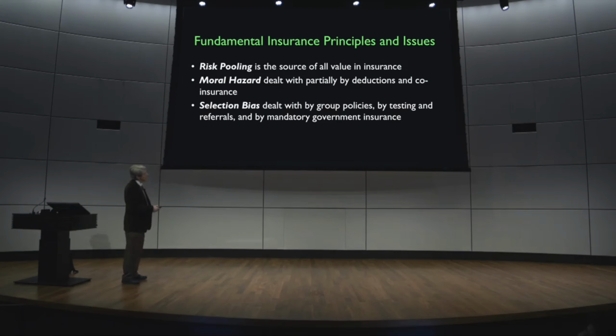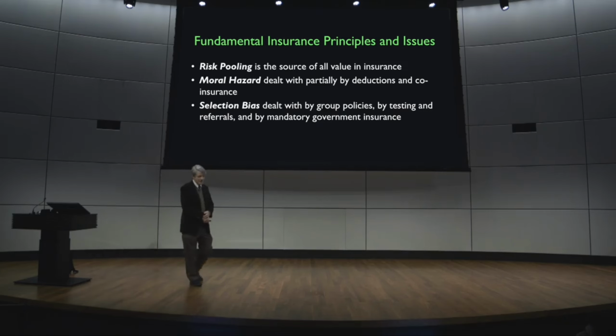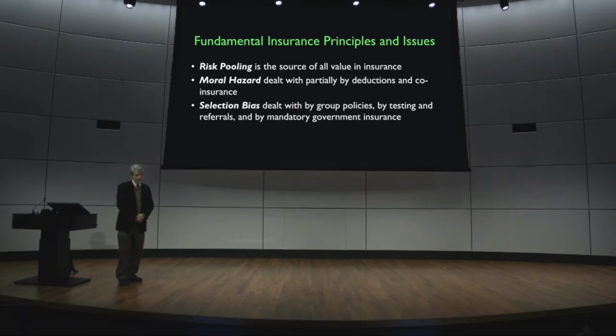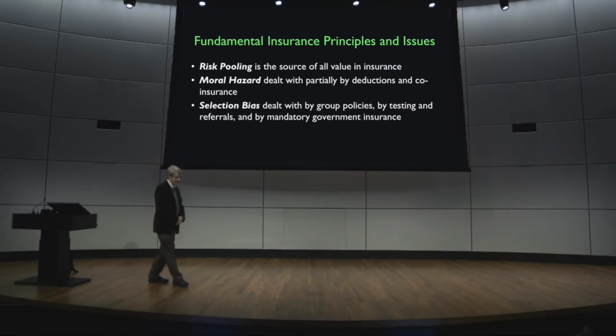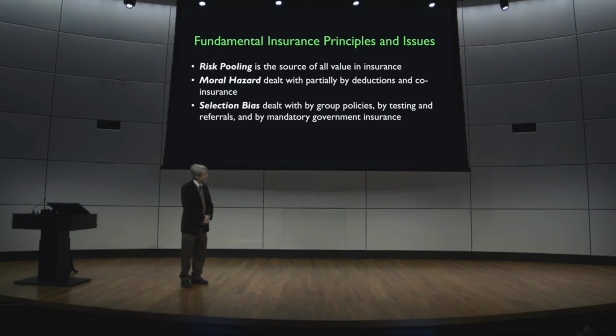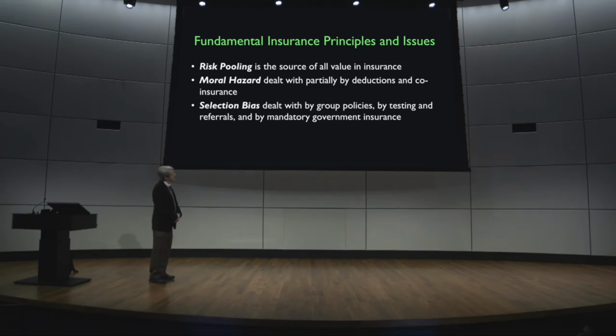The government can make it mandatory that insurance companies do not look at the selection. So Obamacare is known for that, that health insurance companies are not allowed to take pre-existing conditions into account.